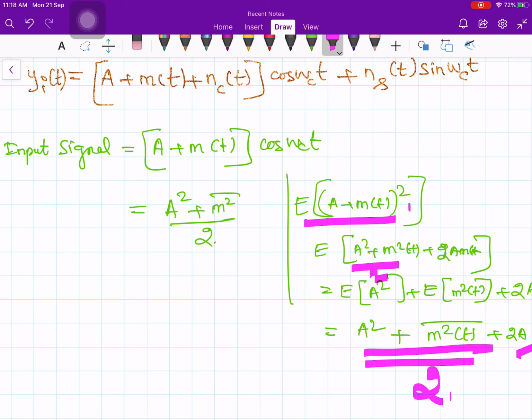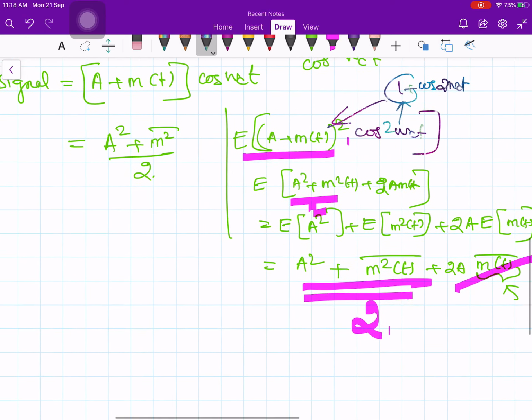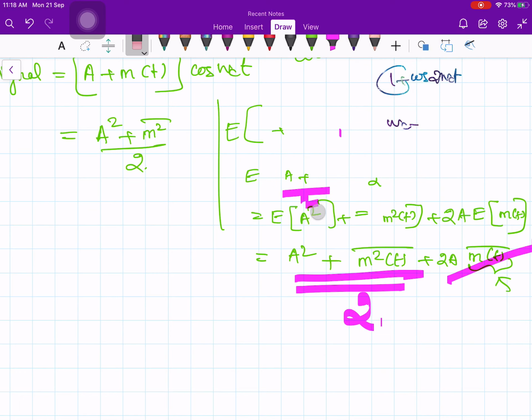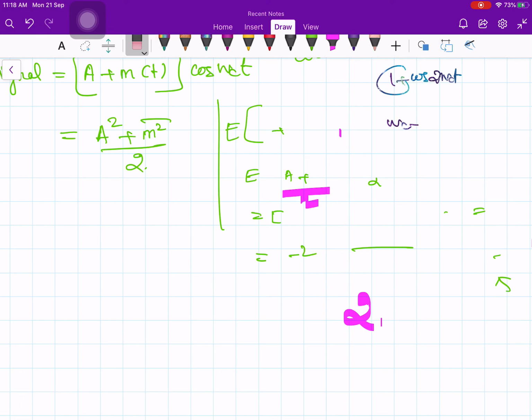If you consider cos square omega ct, then it becomes 1 plus cos 2 omega ct, so that 1 you multiply here. It's very simple actually.